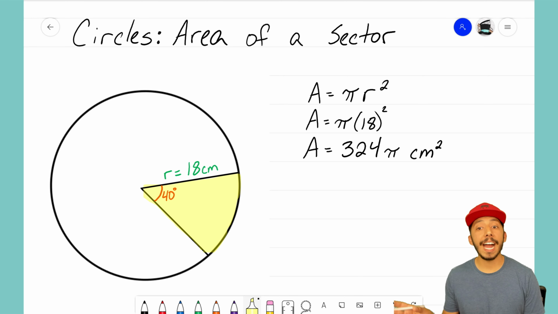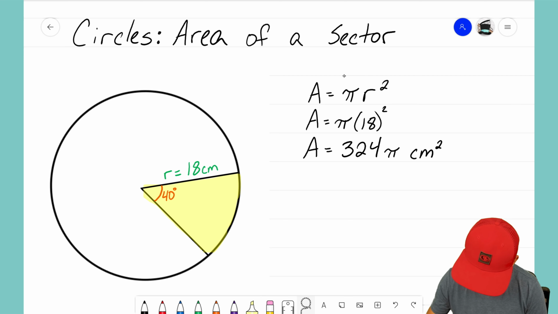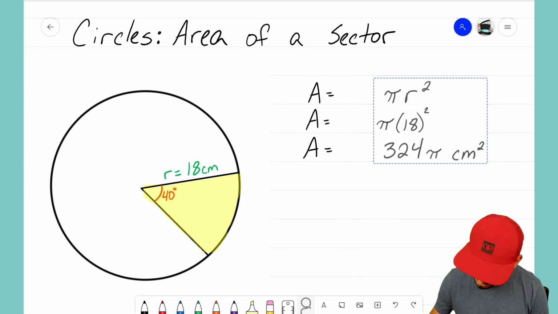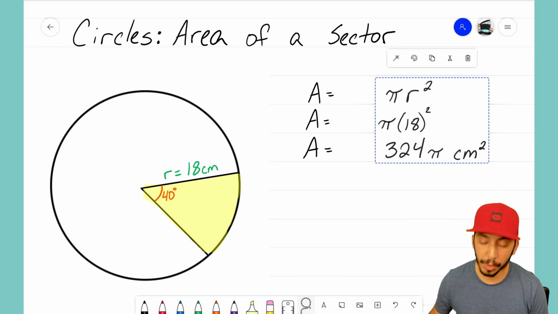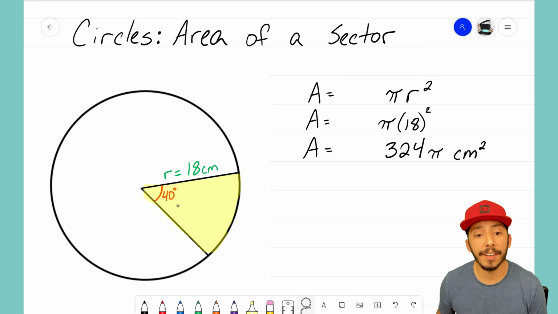Now I know that the entire area there is 324 pi square centimeters, but I just want to find the area of the sector. So here's what we have to do. We actually have to adjust our area formula, because that is the area of the entire circle, but we don't want to find the area of the entire circle. We want to find the area of this sector.